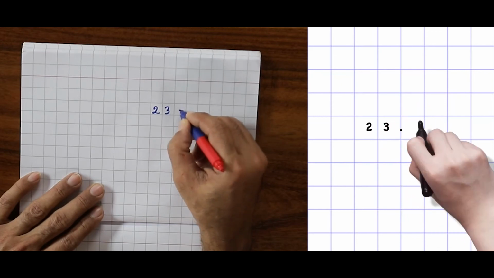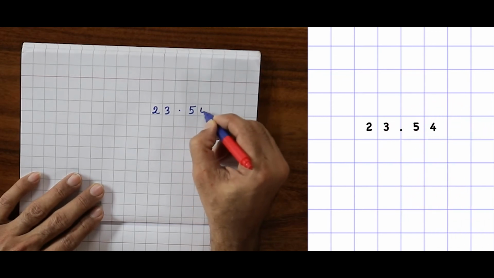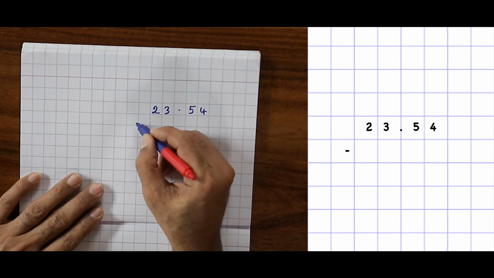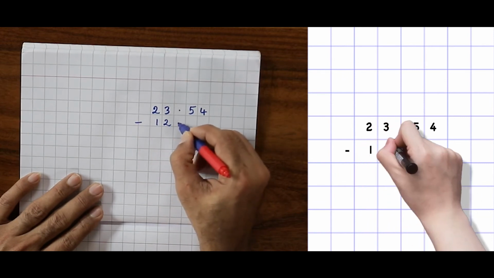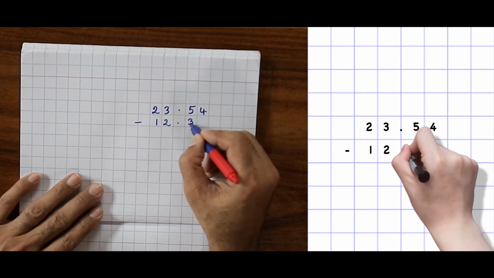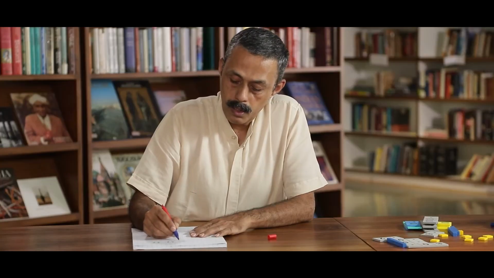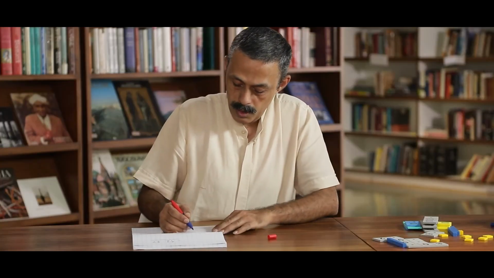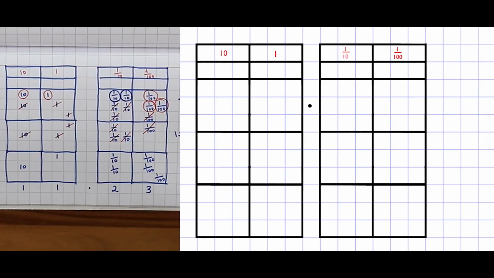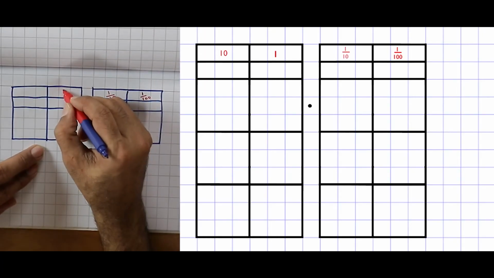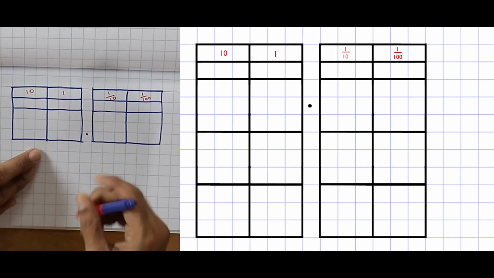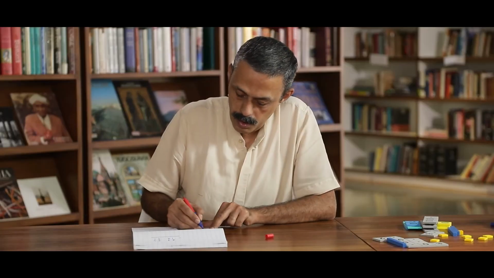One problem, you can give it to me. 23.54 minus 12.31. Let us solve this problem. For that, 100ths, 1/10ths, units, tens.